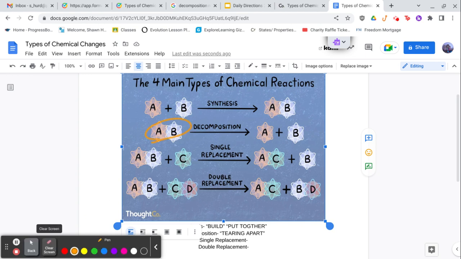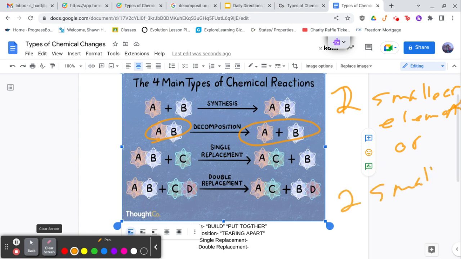We're just going to call this element A and element B in compound form, and you're tearing apart the compound, and one of two things is going to happen. You're going to create two smaller elements, or you're going to create two smaller compounds.